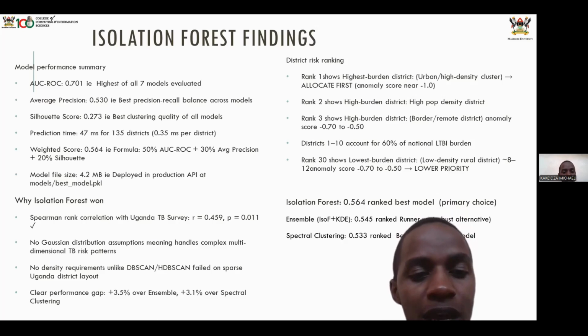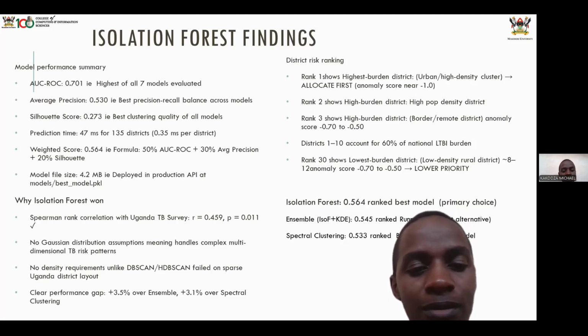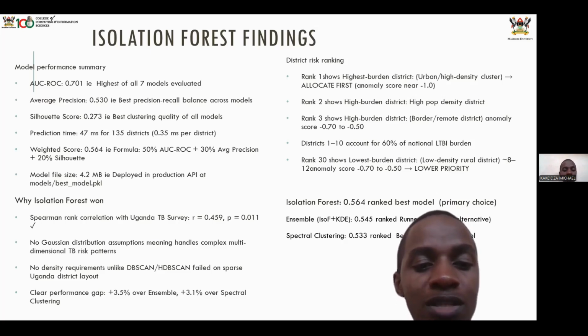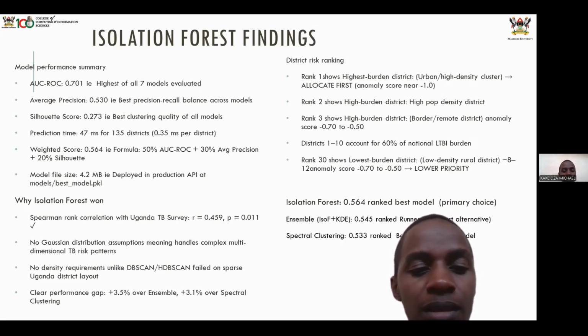Why it won: the Spearman rank correlation that was given to it based on the Uganda TB survey. You can also talk of the no Gaussian distribution assumptions, meaning it handles complex multi-dimensional TB risk patterns.